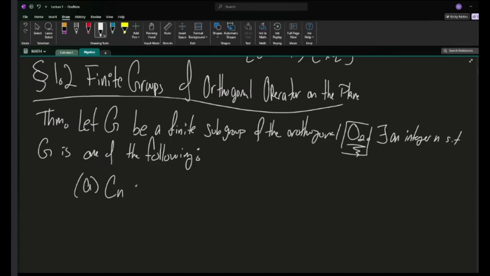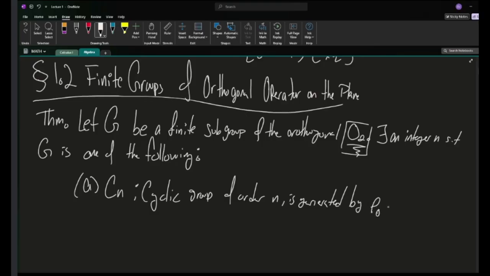So Cn is a cyclic group, similar to how we defined cyclic groups before, of order n, generated by rho of theta such that theta is equal to 2 pi over n.